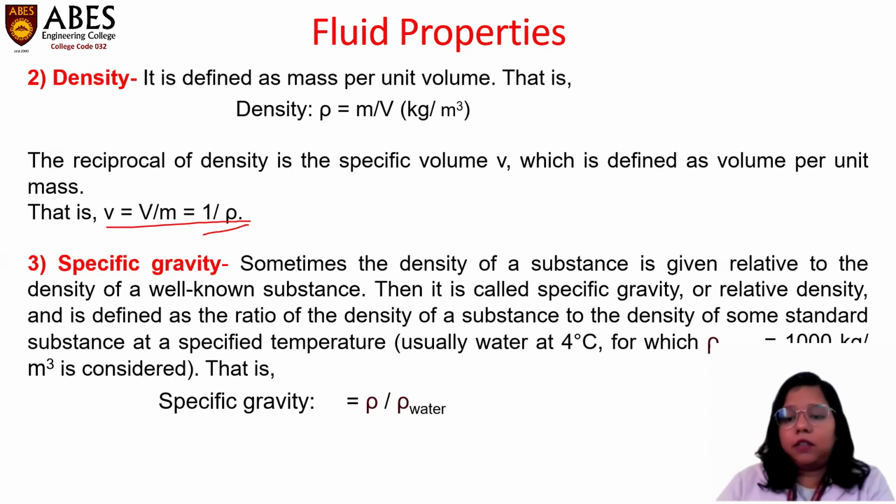Here the standard rho of water is 1000 kg per meter cube. So specific gravity is rho, for which we have to calculate the specific gravity, divided by the density of standard fluid, which is generally taken as water.